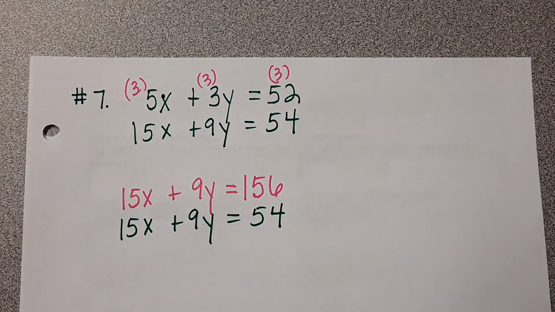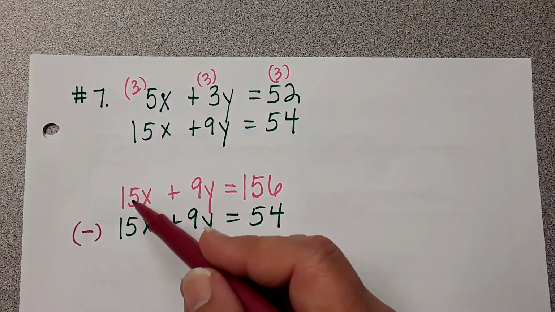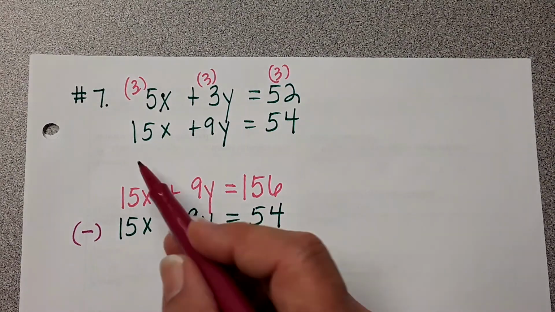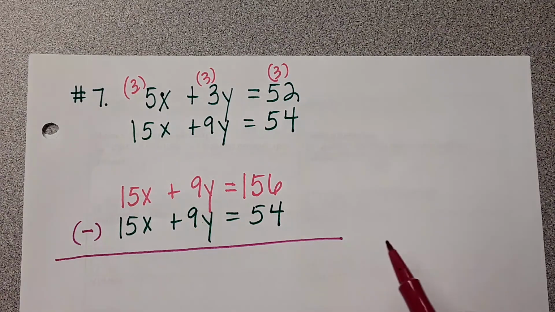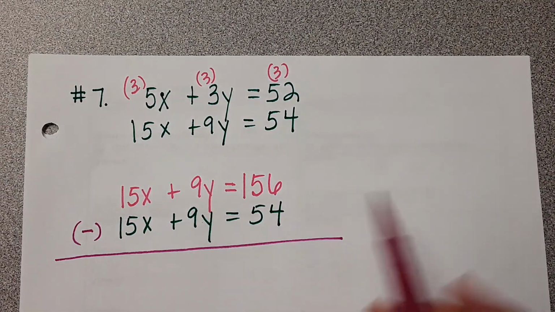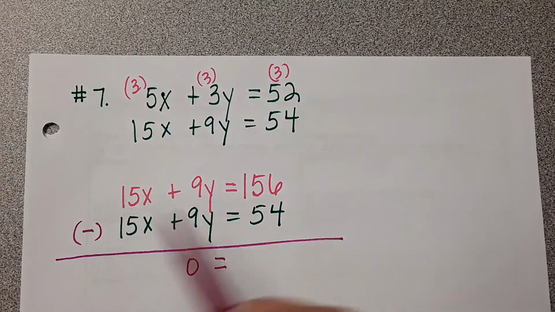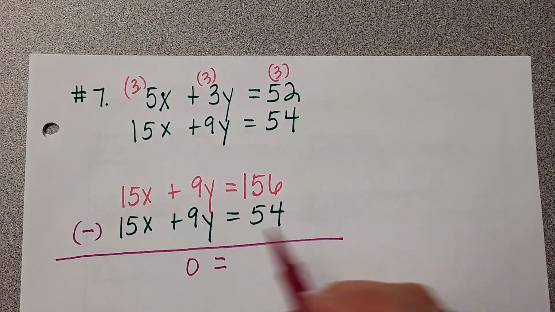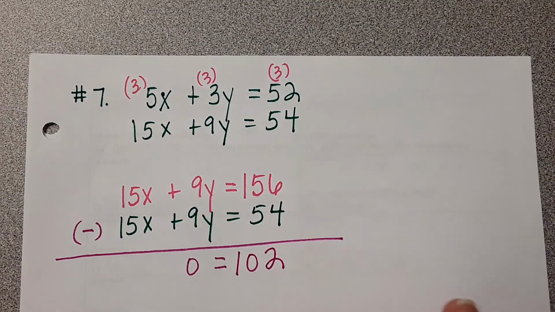I would subtract because they have the same sign. 15x minus 15x is 0. 9y minus 9y is 0. 156 minus 54 is 102.